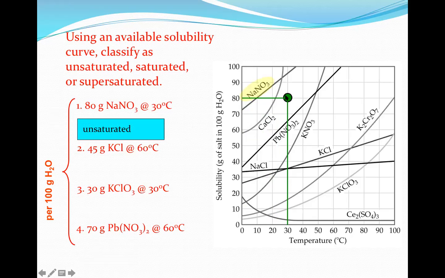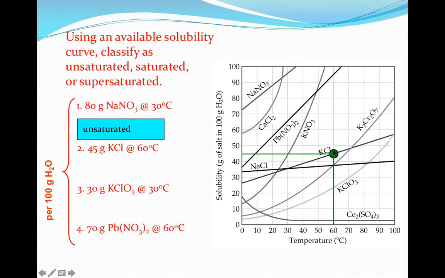So I'm going to say that 80 grams of sodium nitrate at 30 degrees Celsius, since it's below that line, is unsaturated. Let's go to our next point. 45 grams of potassium chloride at 60 degrees Celsius. All right, so I'm going to find my potassium chloride line right here. Let's go to 60 degrees Celsius and 45 grams.